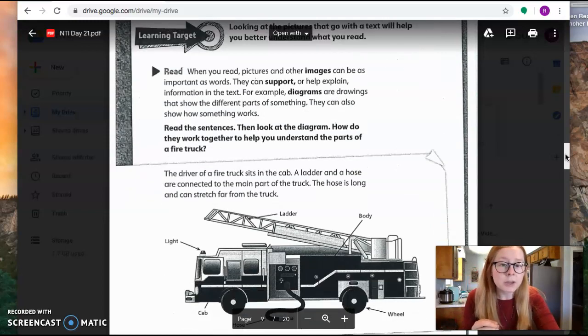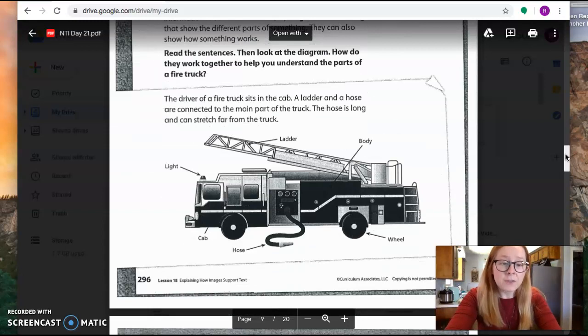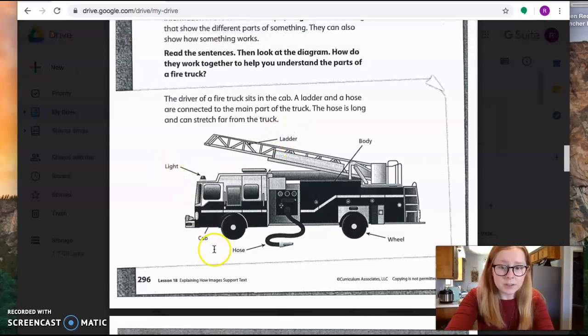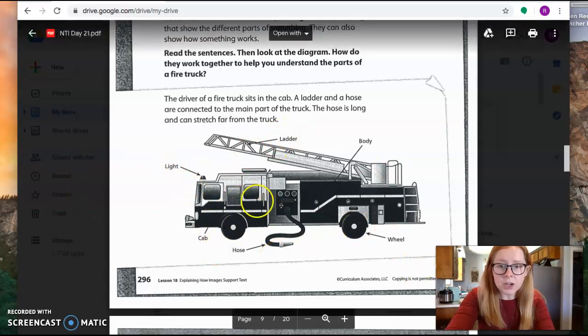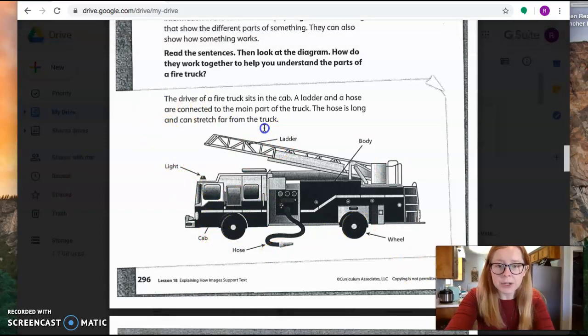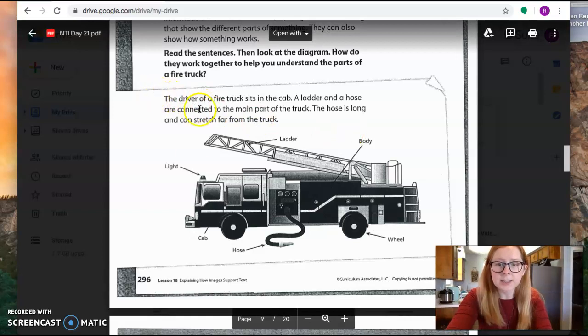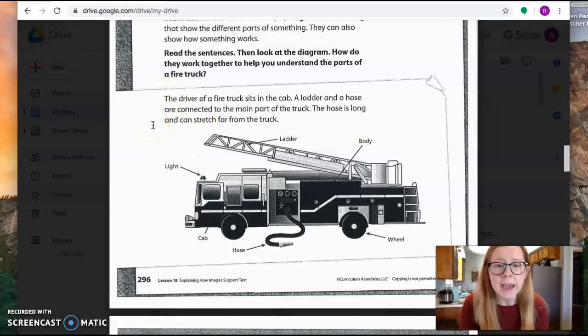So you are going to be looking at a diagram of a fire truck, and this fire truck has labels that are labeling the parts of the fire truck, and it has a caption that tells you about the fire truck, and it says the driver of a fire truck sits in the cab. A ladder and a hose are connected to the main part of the truck. The hose is long and can stretch far from the truck.